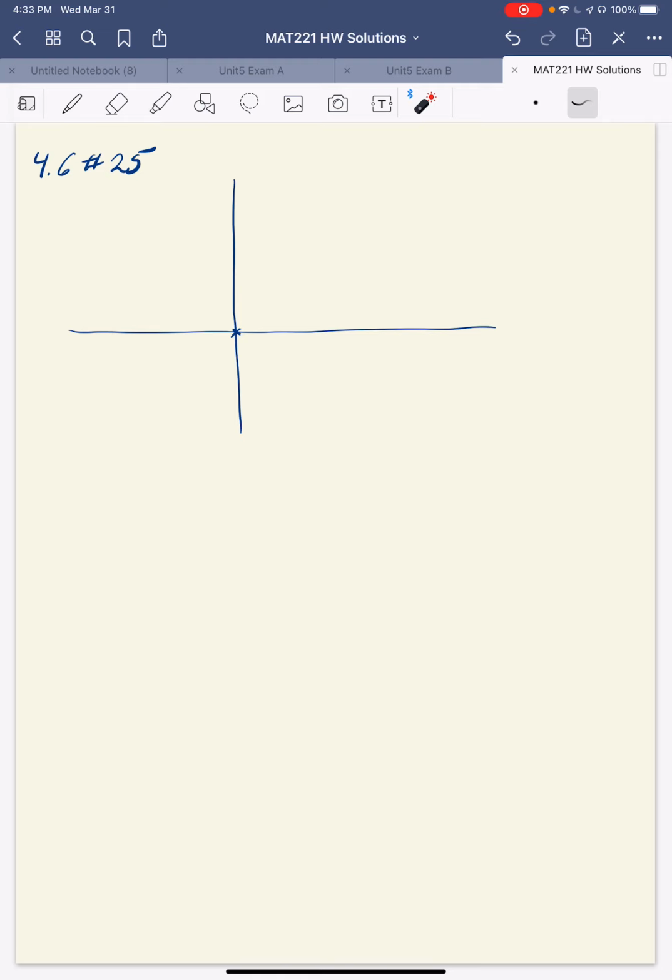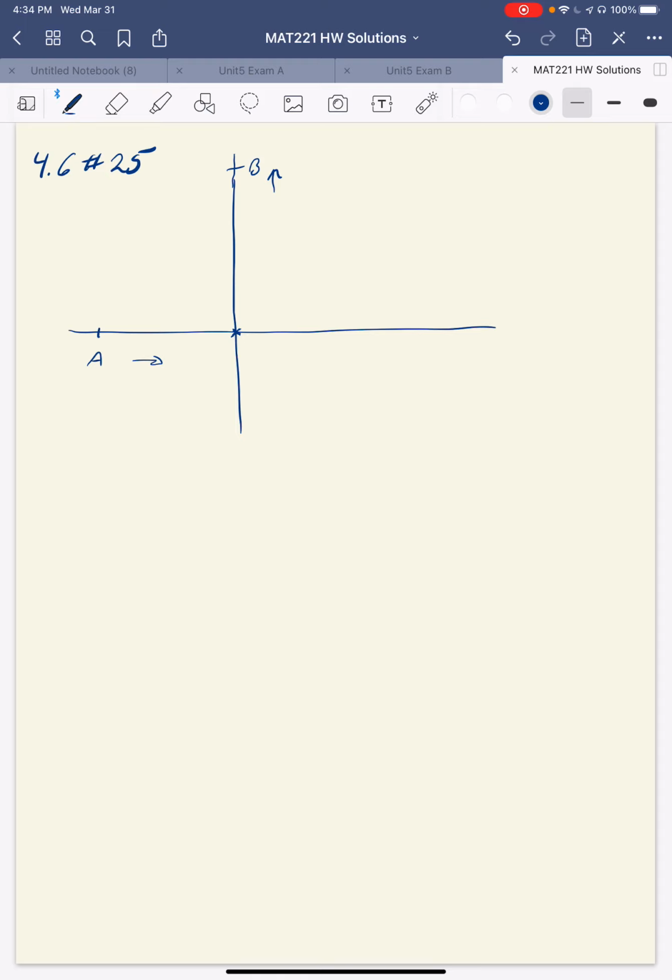Car B has already gone through the intersection, so car B must be up here someplace. I'll mark in car A traveling in this direction, and car B traveling in that direction.